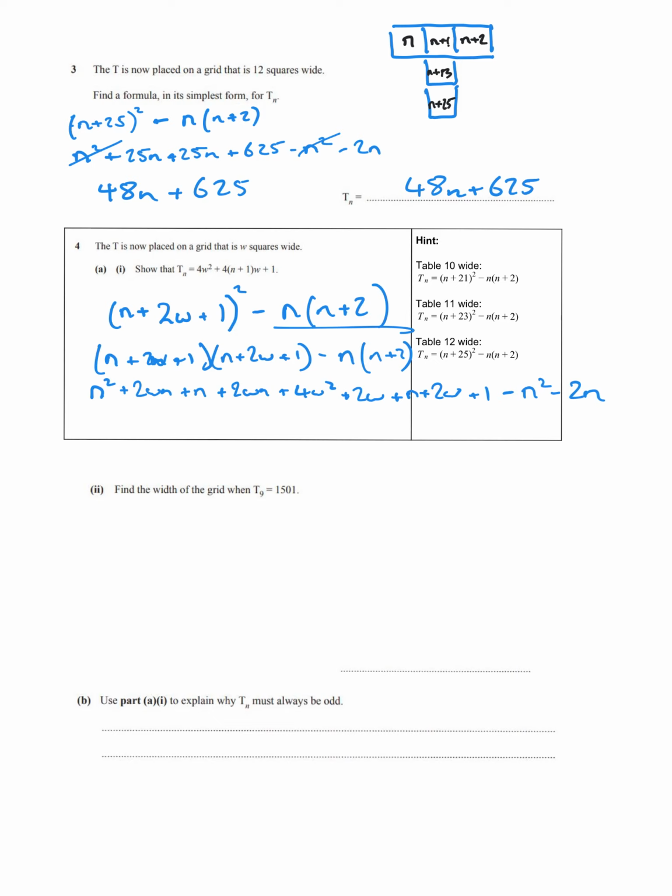What's gone? First thing I'm noticing, n squareds are gone. The next biggest thing I've got is a 4w squared, so I'm going to write 4w squared. Okay, I've used that, so that's gone. What else have I got? I've got 4wn, so that's this one and this one. I've got 4w, plus 4w, and I've got 2 n's.